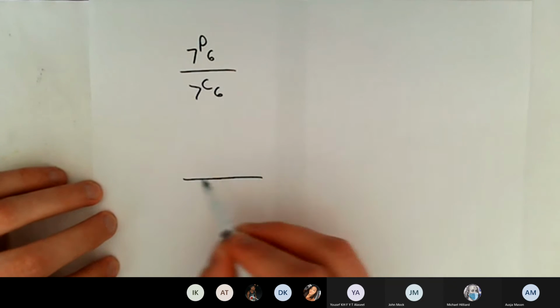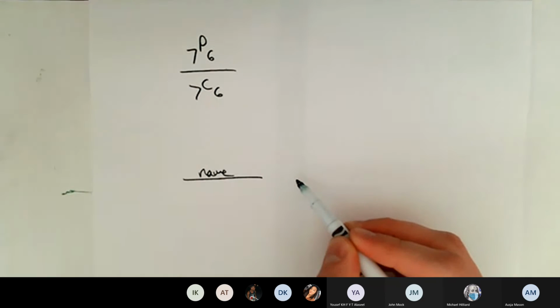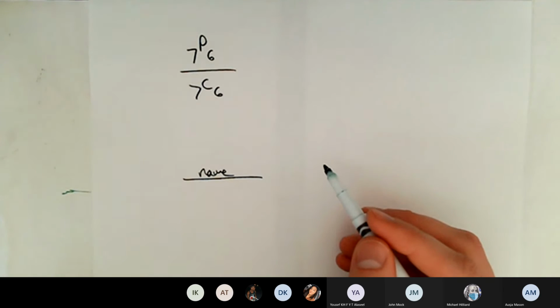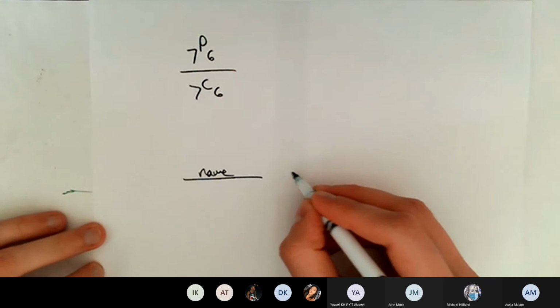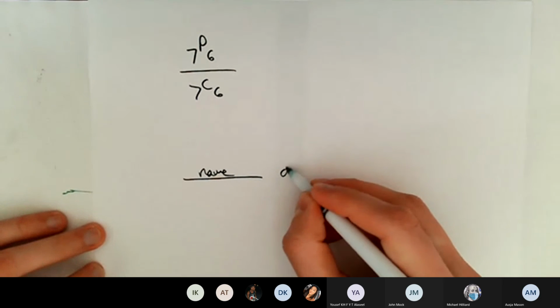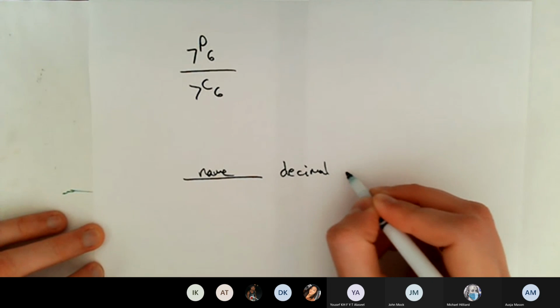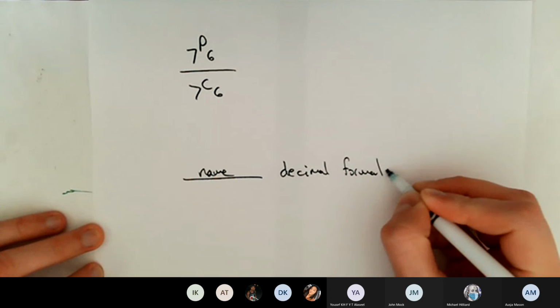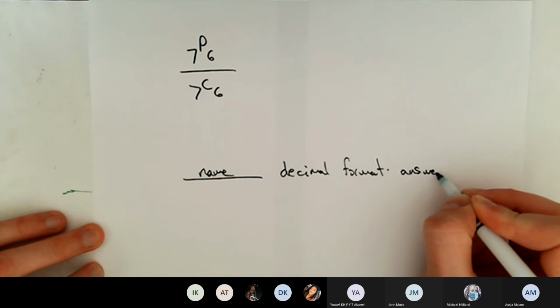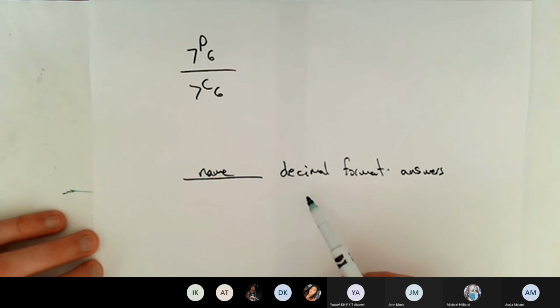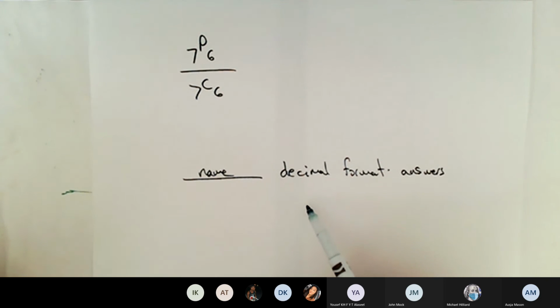I would Google the name of your calculator and then something like decimal format answers, because it's giving you scientific notation format, but you want just a normal decimal format. I've done it on a few calculators. It's a matter of choosing the right mode. You have one of those calculators that lets you pick different modes, I think.